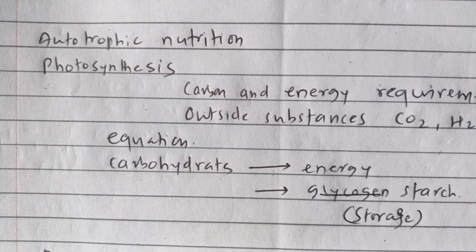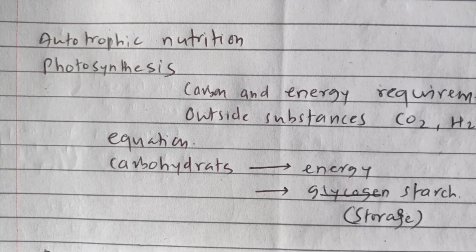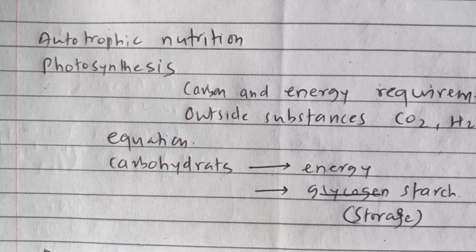In human beings and similar organisms, such a stored energy is not in the form of starch, but it is in the form of glycogen. So excess glucose, carbohydrates, get stored as glycogen in the human body.